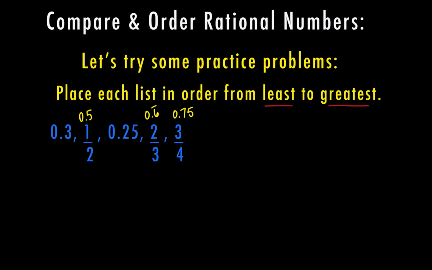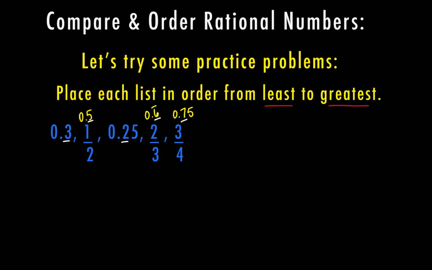So now we can go ahead and put our list in order from least to greatest. Remember, you always want to list the answers in original form. Now, because these are all less than 1, if you notice, everything has a 0 in the ones position, or the others are fractions without a whole number. So we're actually comparing our tenths position.